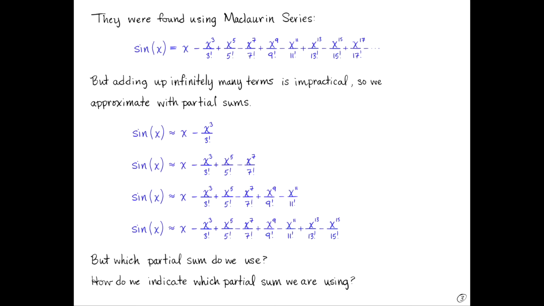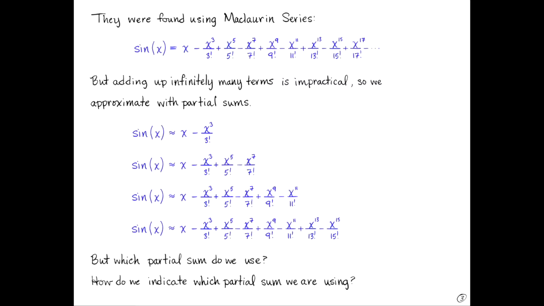We found last week that sine of x can be written as the infinite polynomial x minus x cubed over 3 factorial plus x to the 5th over 5 factorial, and it keeps going on. But adding up infinitely many terms is impractical. So instead, we can approximate with our partial sums.